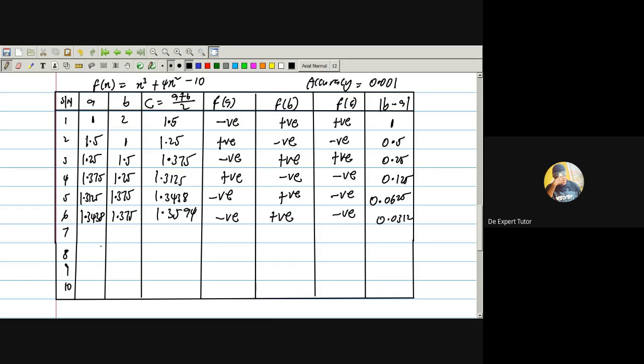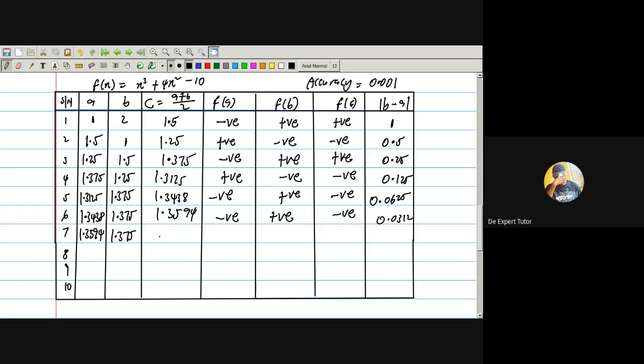Let's go. I'm picking my C, 1.3594, which is negative. I'm choosing 1.375 because it is positive, exactly.